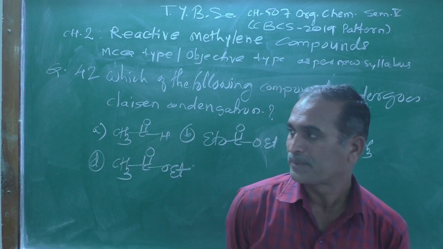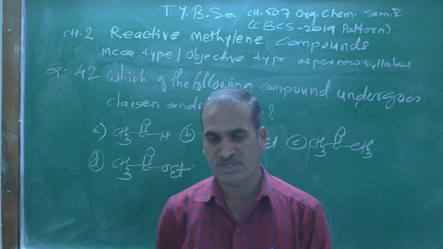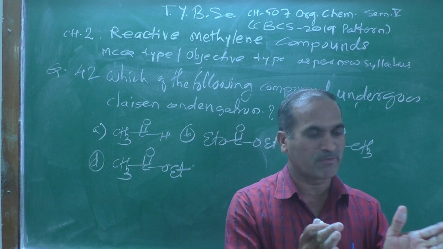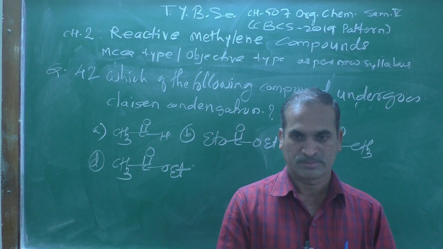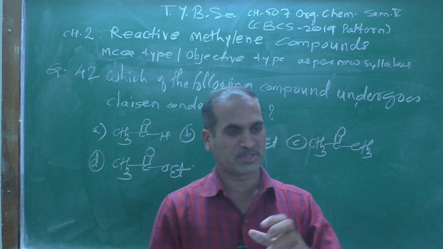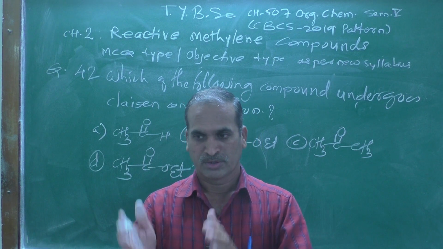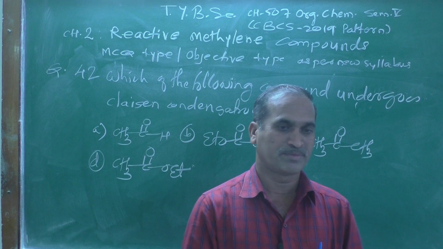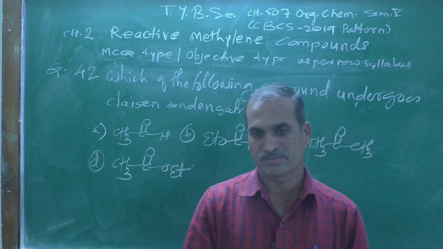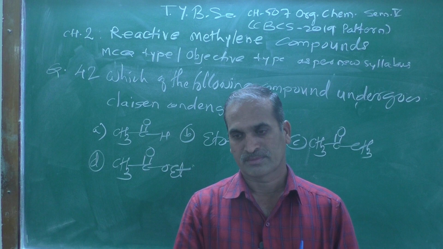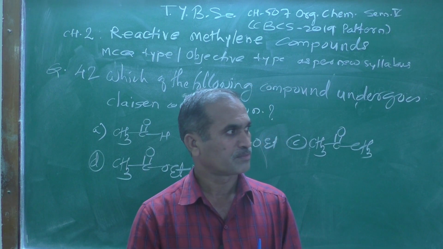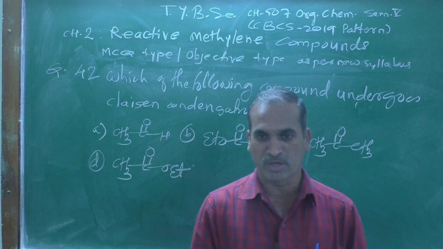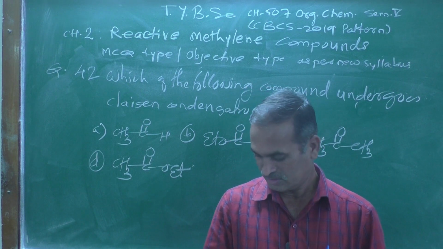If you remember the Claisen ester condensation, what are the starting materials required for that reaction, which is a famous reaction? For that reaction, 2 moles of ethyl acetate is used with a strong base such as sodium ethoxide.